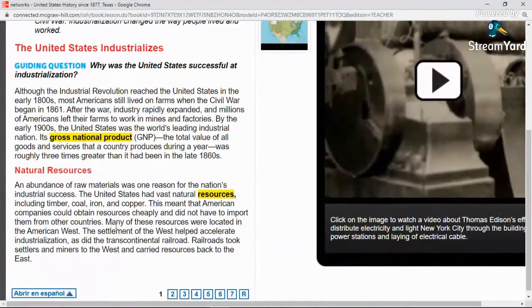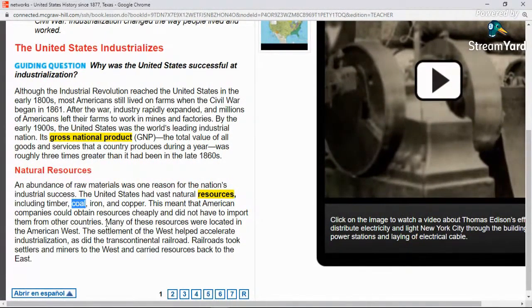So what is a natural resource? Okay, a natural resource is something that you can get from the earth that you can use to make other things. So some of the natural resources in America are timber, which are trees, right? Coal, which you can use to run the railroads. Iron, which helps you make things like the railway.